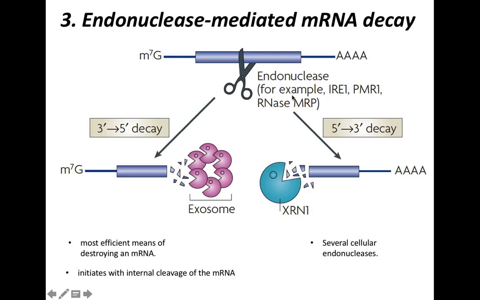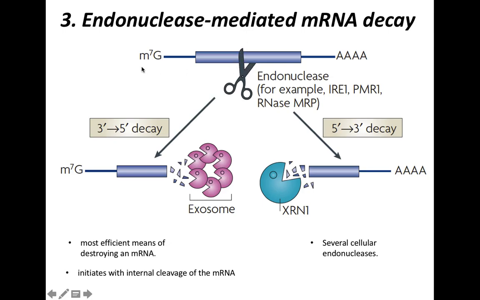There are certain examples of endonucleases like IRE1, PMR1, or RNase MRP. These are basically the endonucleases which are involved in degradation of the mRNA molecule. Owing to their specificity, they are very well regulated. Otherwise, they have the ability to cleave the mRNA molecules, because the mRNA molecules are not protected in the middle.